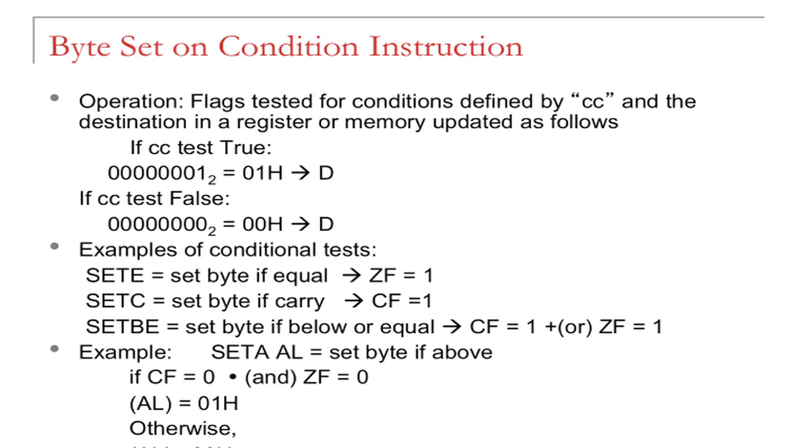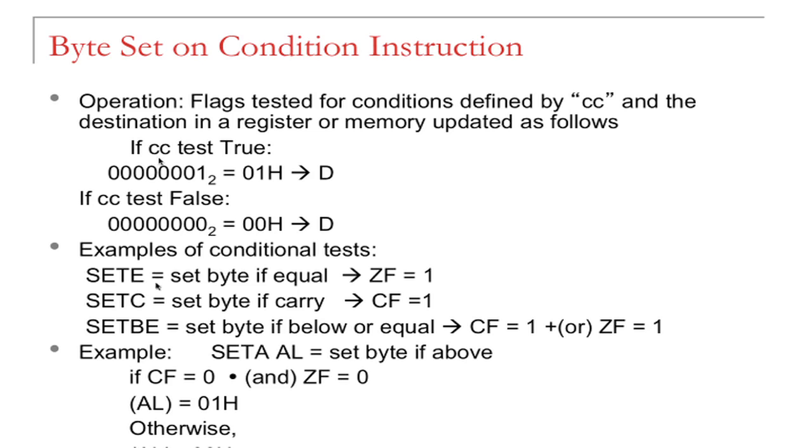The operation of this byte set is that the flags tested for condition defined by cc and the destination in the register or memory is going to be updated as follows. If the condition is true, we're going to put 1s into the destination. If the condition is false, we're going to put 0 into the destination.